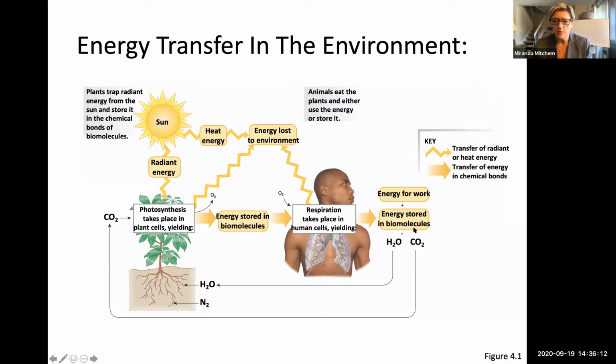And here, the reaction begins with glucose and oxygen. So we've got this inverse relationship between photosynthesis and cellular respiration. I'll point that out a little bit more as we go through it.